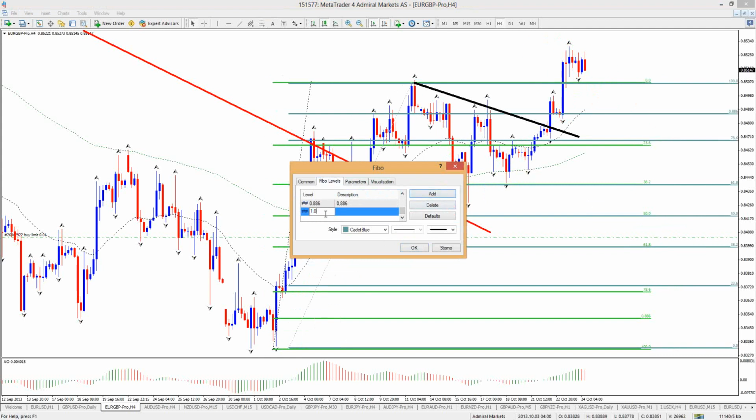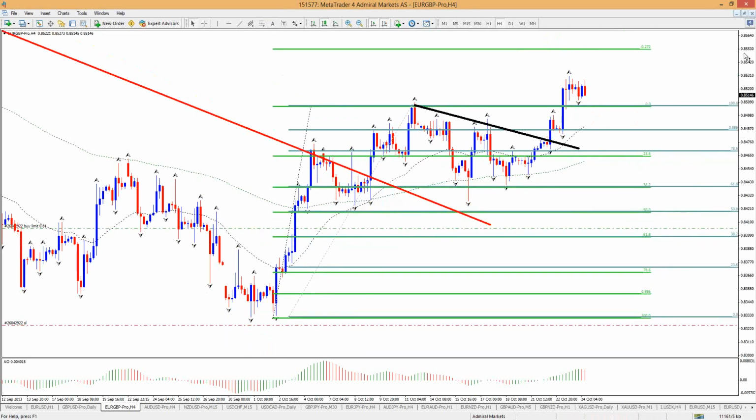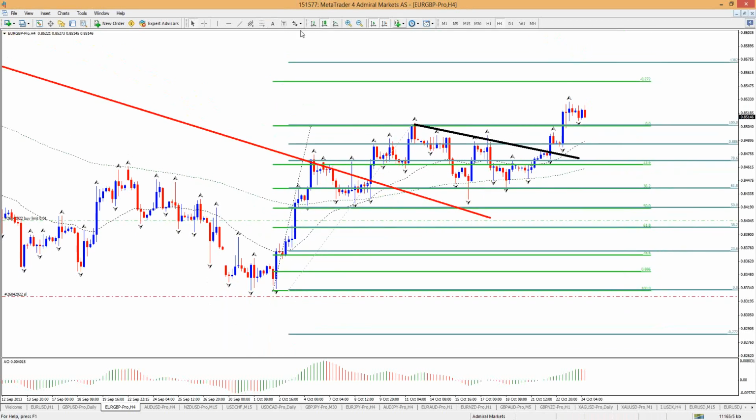I'm going to add one more fib, and this is important. I'll have to check this number, but I think it's around 38. Price cannot break above basically 85.70, or otherwise that analysis is through the window.